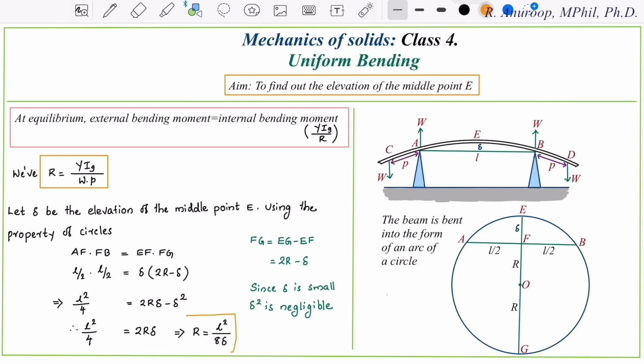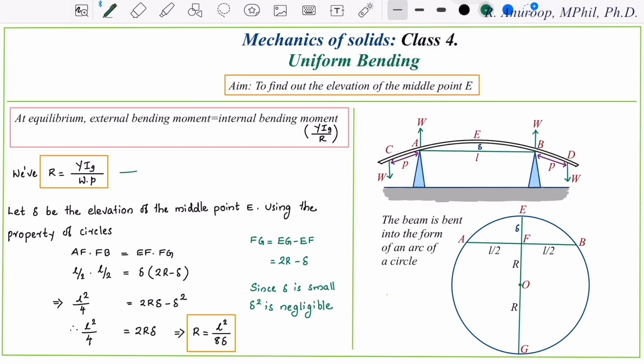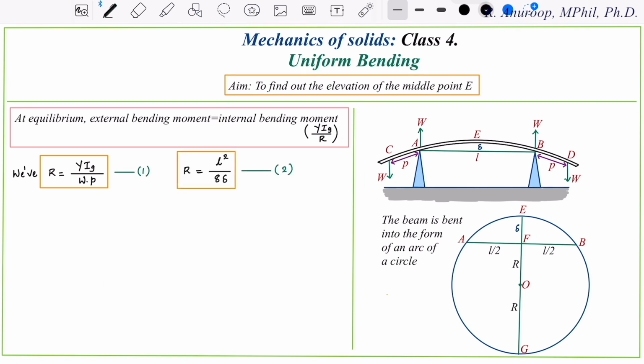Now we have two equations corresponding to the radius of curvature. One is Y I G by W P, other is L square by 8 delta. Since LHS of these two equations are same, RHS should be same. So let us give the proper numbering to these equations. Let the first one be equation 1 and the second is equation 2. Now from 1 and 2, LHS is same.